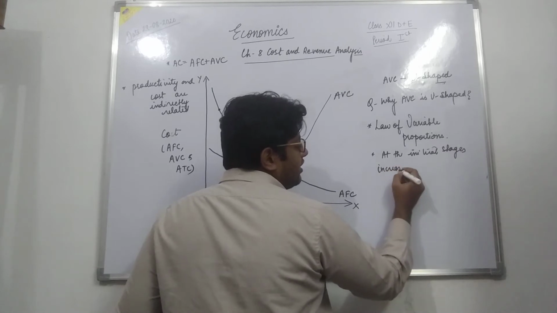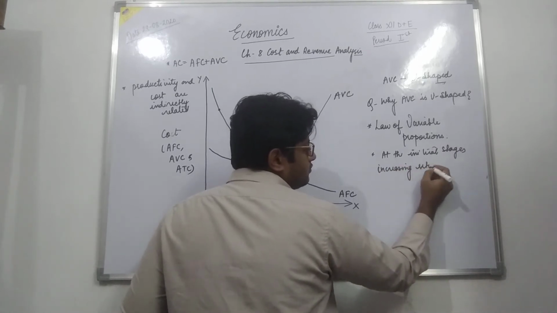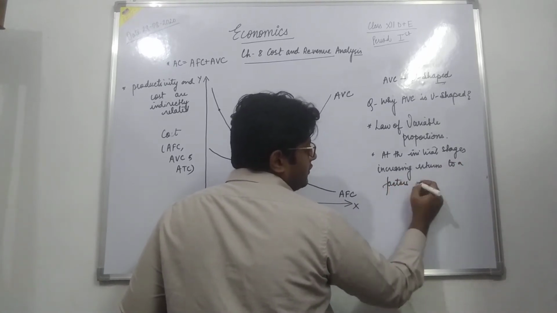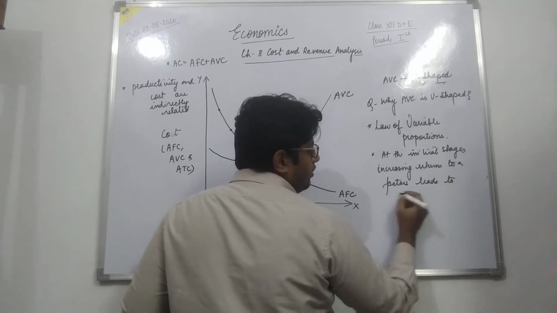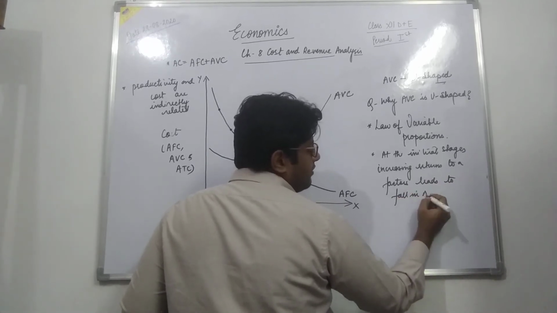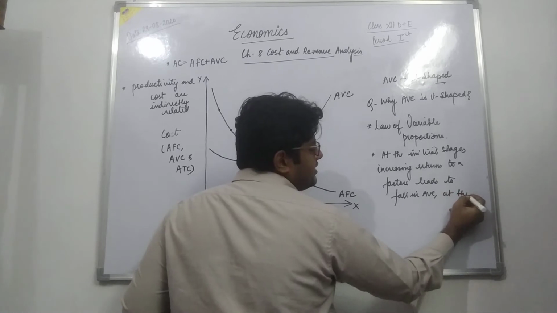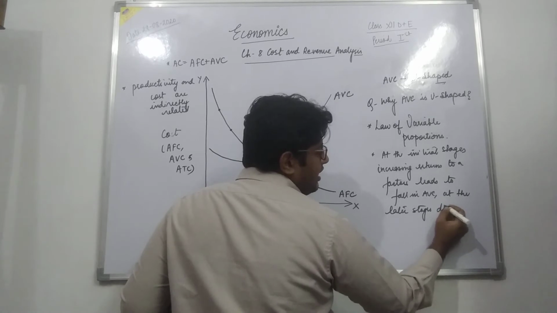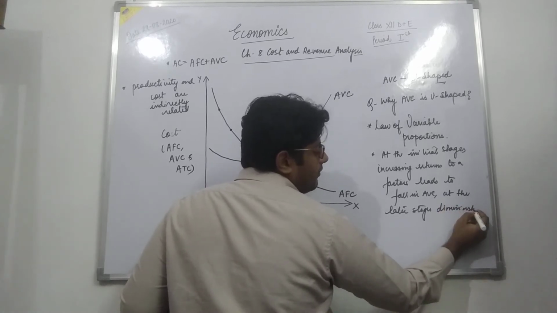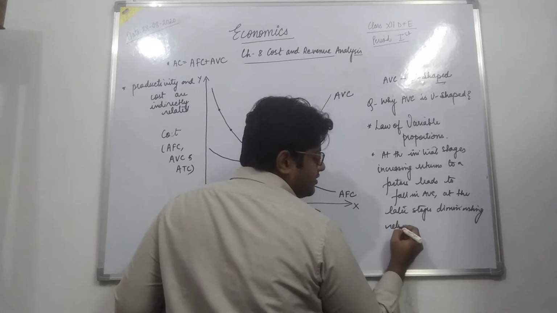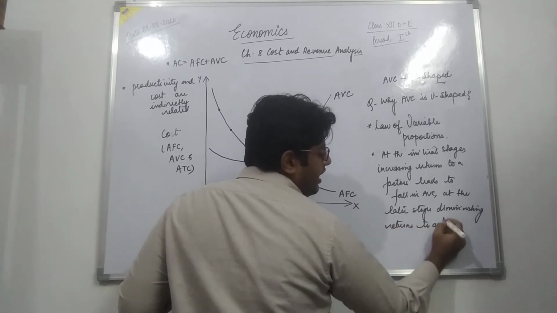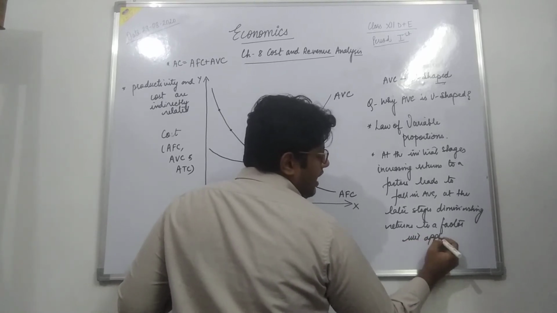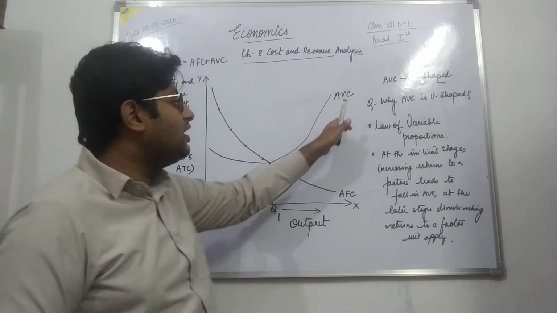So the correct answer you can write is that at the initial stages, increasing returns to a factor leads to a fall in average variable cost, and at the later stages, diminishing returns to a factor will apply, and the cost will increase.